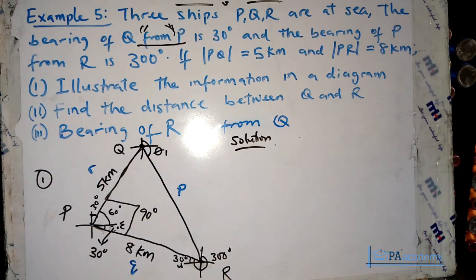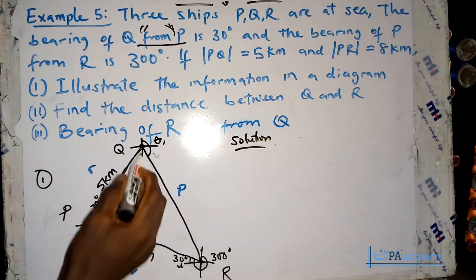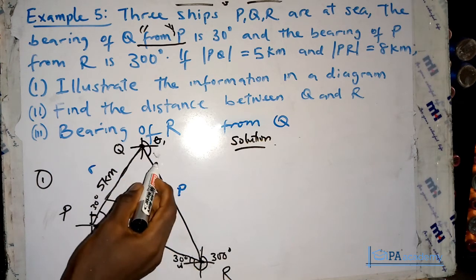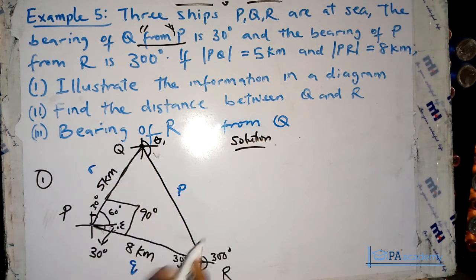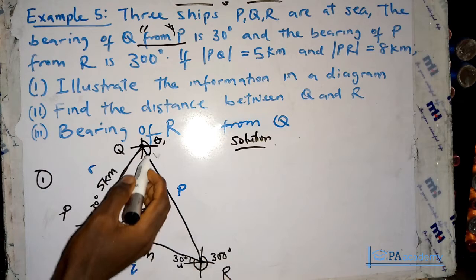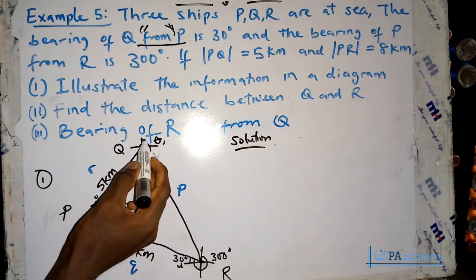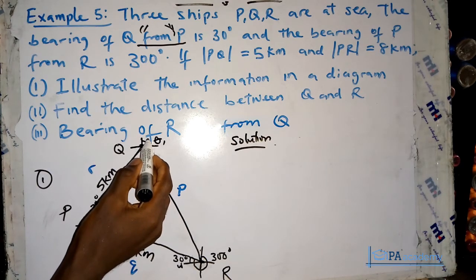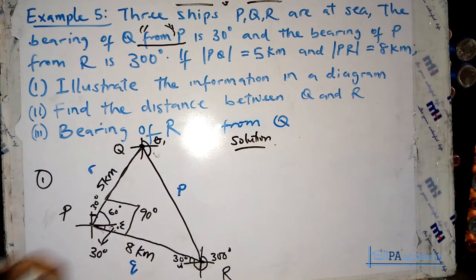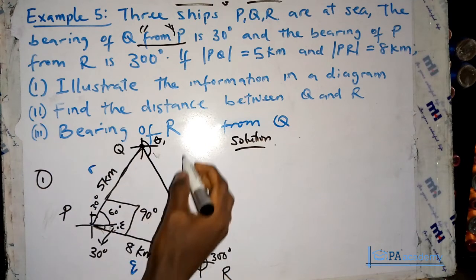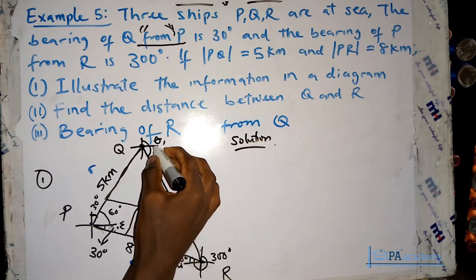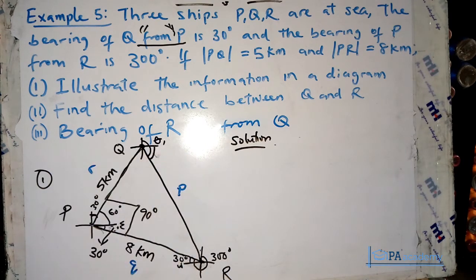Let me come up a bit. So let's call that theta 1. Now, for us to get the bearing of R from this Q, this is what we are going to do. If you look closely at this diagram, we already have the first quadrant to be 90. So what we need to get the bearing is from this point here to this point.